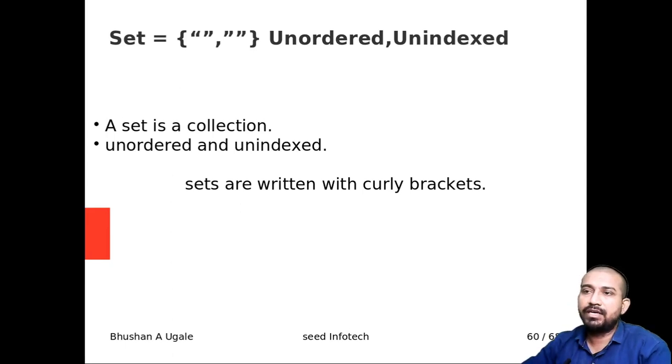Okay, so a set is a collection, it is unordered and unindexed, and sets are written with curly brackets. So now try to focus, guys. Here the set is unordered, and the second thing is it's unindexed. I'm not talking about mutable or immutable. Here I said it is unordered and unindexed, meaning we cannot access the elements by using any index.